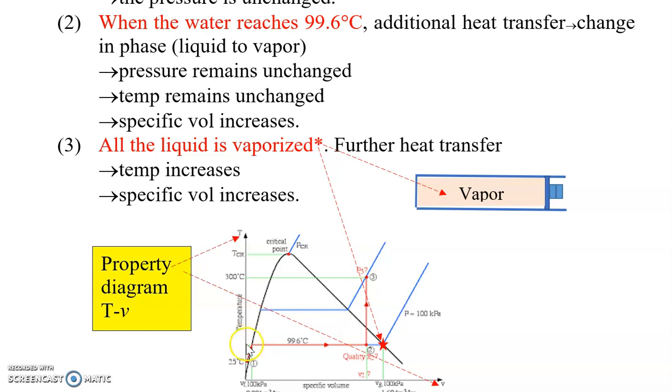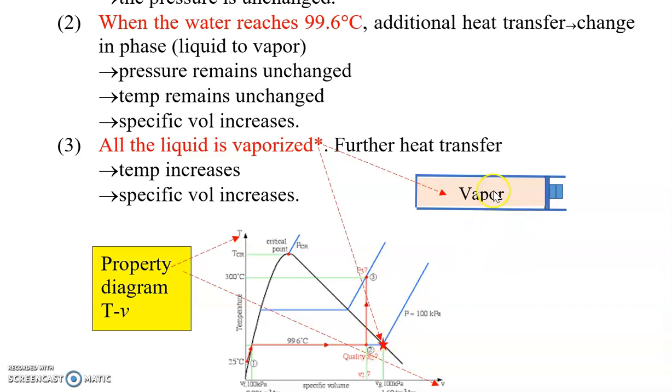Now if you add more heat, the temperature remains constant and the pressure remains constant, until much more of the liquid vaporizes. If the cylinder is long enough, further heating of the cylinder will push the state of your working fluid to reach here until all of it vaporizes.